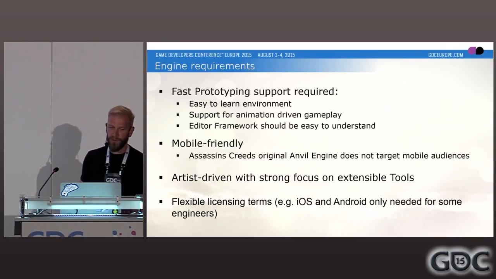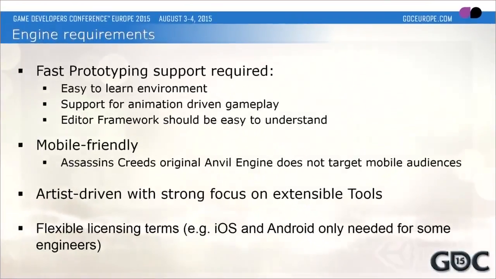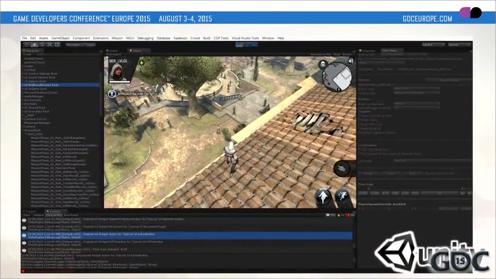And of course we needed some flexible licensing, because not everyone needs to deploy to iOS and Android targets. So that's why, in the end, we came up with Unity as an engine. And here's a screenshot of our game running in Unity, with all the environment we have around it.